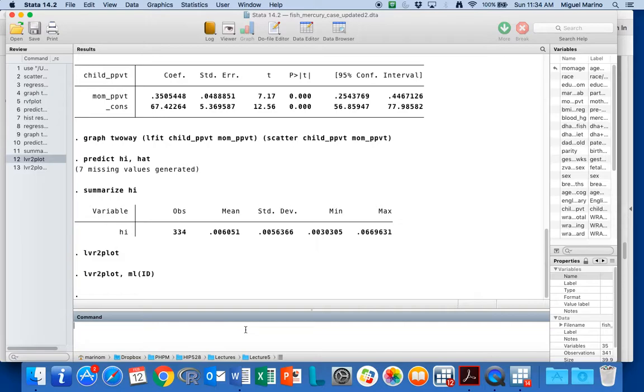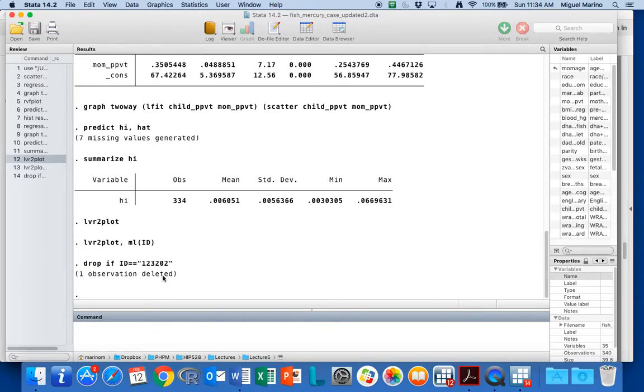So one way is to say drop if ID equals 123202. Okay, so if I want to do a sensitivity analysis, I could say I'm going to drop if the ID is equal to that, and so this will drop one subject.